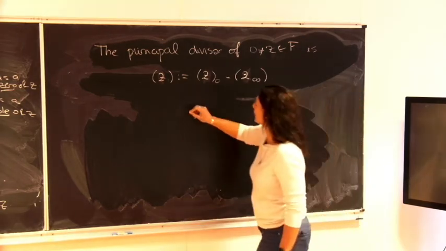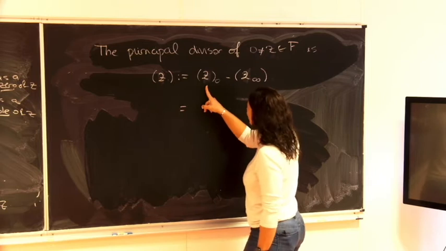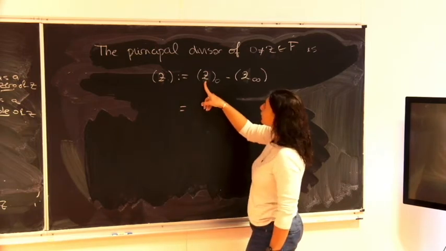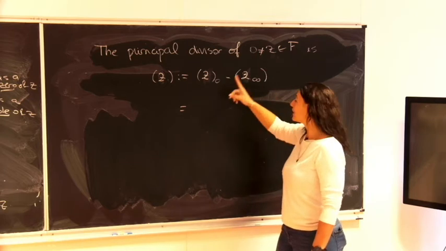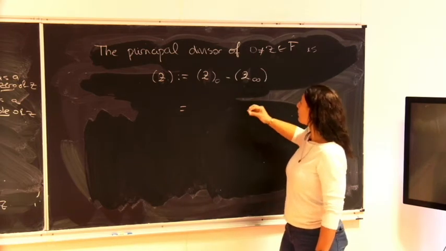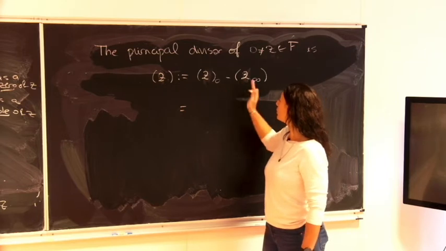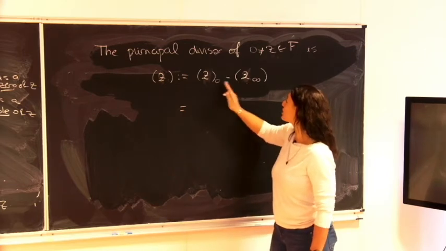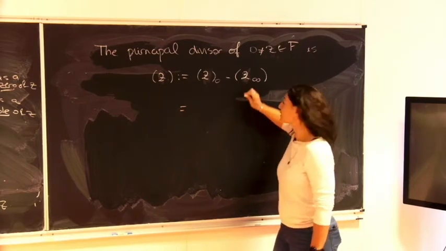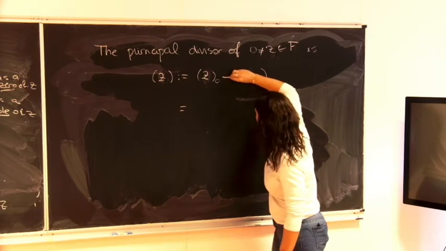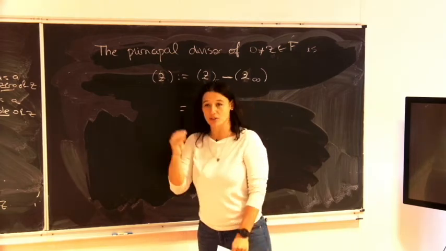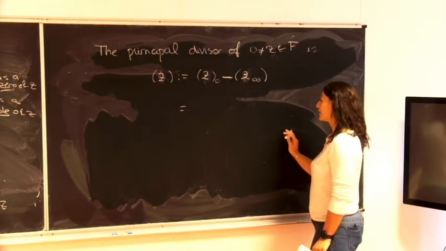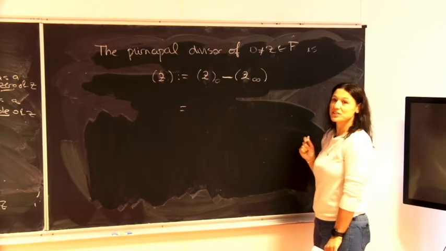So here I'm taking into consideration all the zeros of z and all the poles, and I'm adding them all together, but subtracting the other divisor, since each of them is an effective divisor. That's why I have a minus. Of course, if I put this minus with the minus of the valuation, I'm adding the valuations.